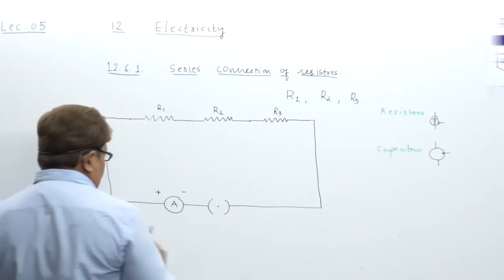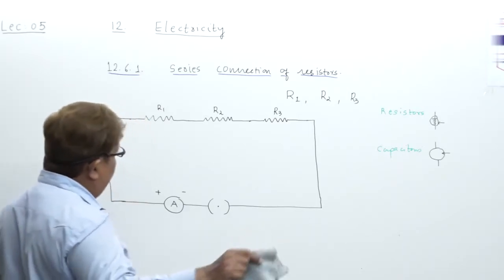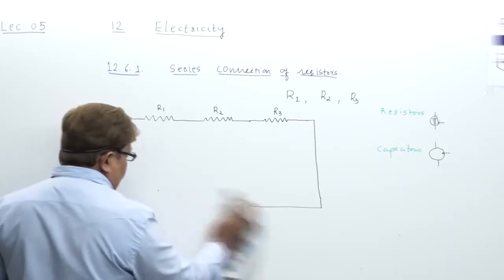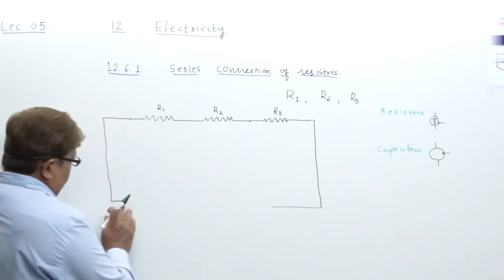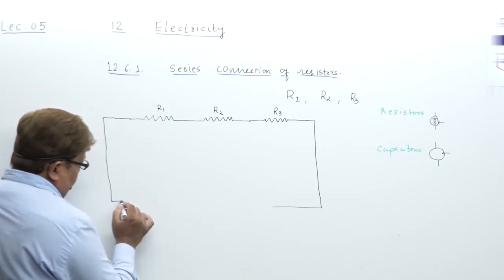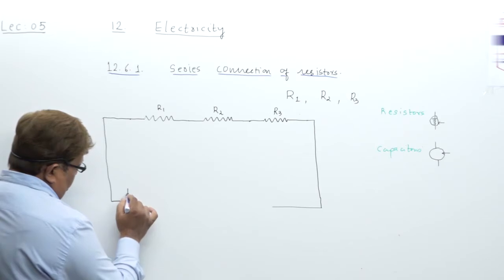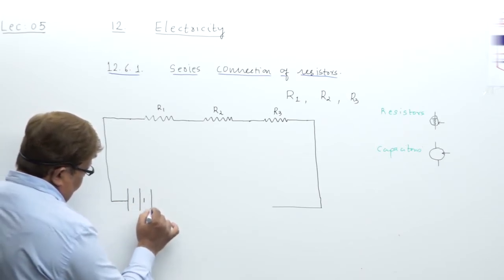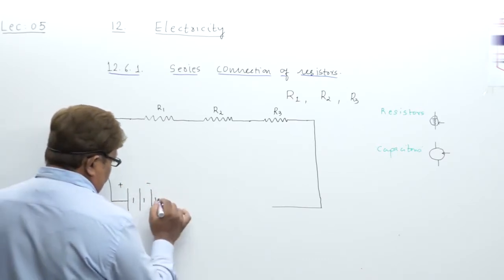Battery also we have to show. Let us show the battery first somewhere here, and then we'll show the ammeter. This is the battery, a series of cells, as you know, positive, negative.